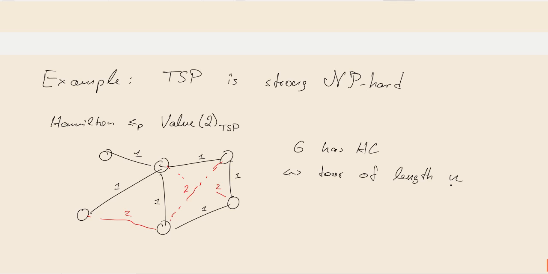If there was a single 2 edge, it would already be over. So it's exactly if and only if. And we know that Hamilton is NP-hard. So these two together show that already this very restricted version of TSP is NP-hard. So TSP is strong NP-hard, and we won't find a pseudopolynomial algorithm for it.